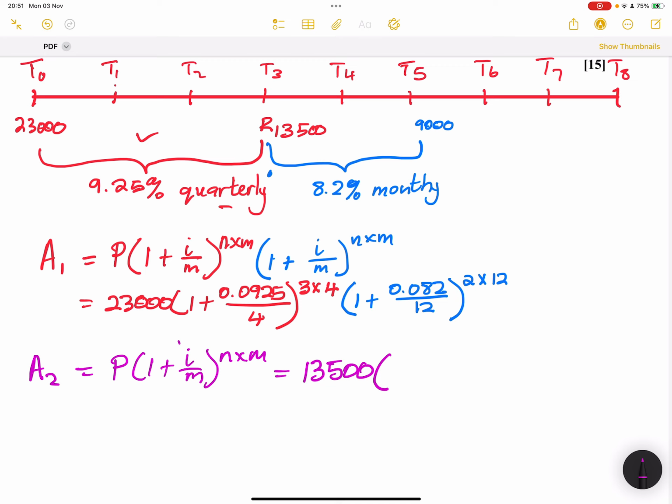And now, that's at 8.2%, so it only got to enjoy the growth of 8.2%, 0.082 over 12 for the 2 years.